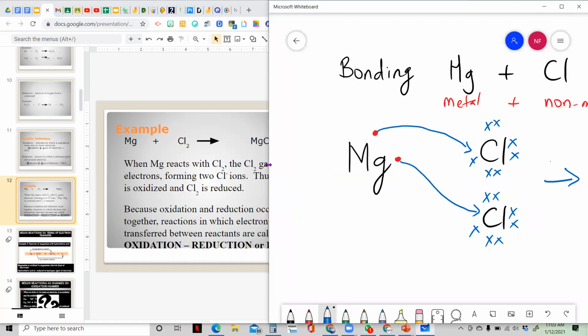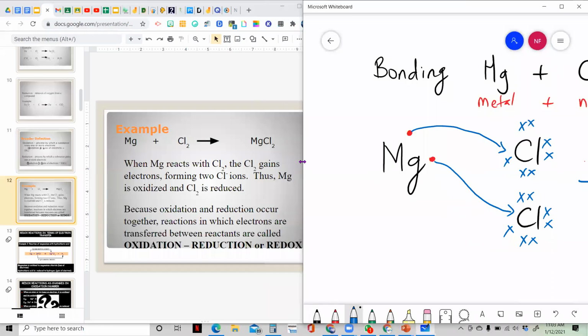The magnesium. So by definition, if magnesium lost electrons, it meant that magnesium underwent oxidation. And chlorine is the one that accepted, so chlorine gained electrons, then by definition, chlorine underwent reduction.